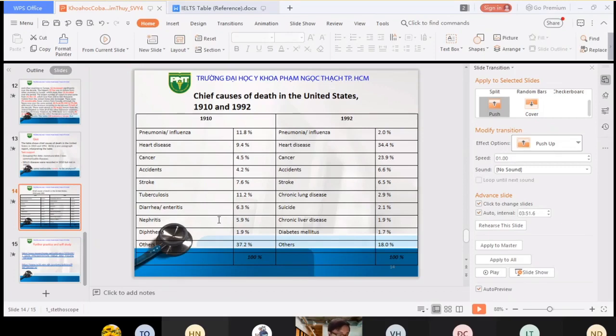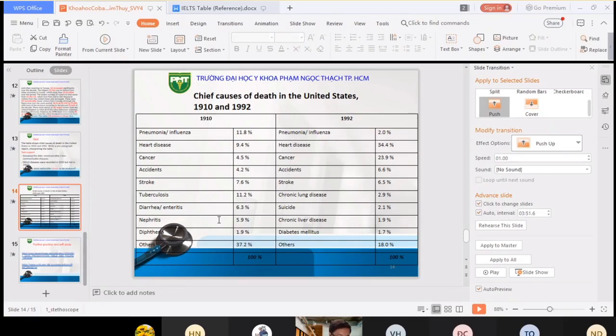In the overview, you can discuss 1910, which cause of death accounts for the highest or the biggest proportion or the highest percentage. And how about in 1992?